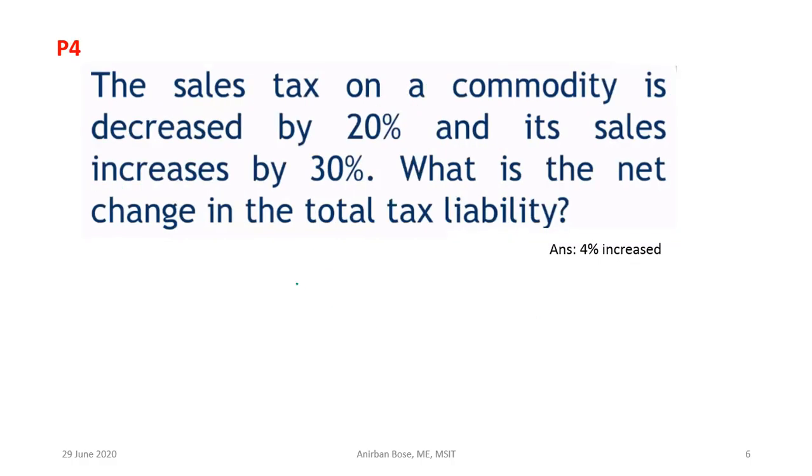Now consider this problem. The sales tax on a commodity is decreased by 20% and its sales increase by 30%. Here also it is a similar kind of situation, the sales tax on a commodity and the amount of sale. Initially the sales tax decreased by 20, sales increased by 30, and the resultant will be minus 20 plus 30 plus minus 20 into 30 by 100.